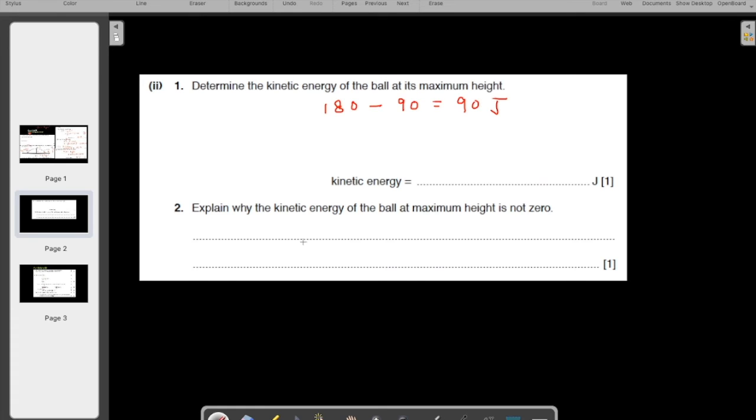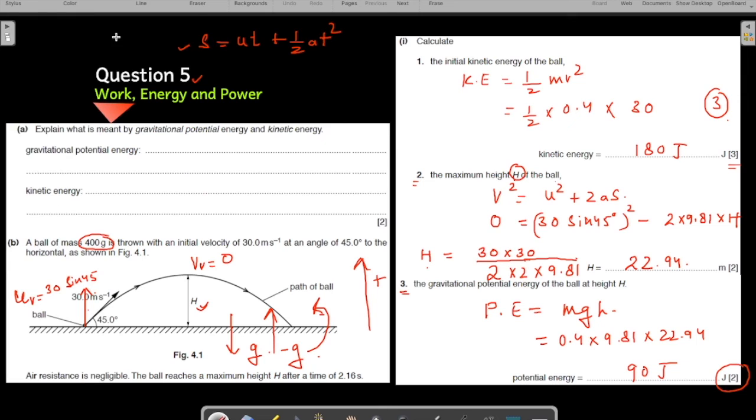That's your answer. Or what else you can do? There's one more way. If you understand projectile motion well, you can also do it another way. Find the velocity at the topmost point. At the topmost point, you'll have only the horizontal component of the velocity. What will be the horizontal component of the velocity at the topmost point?